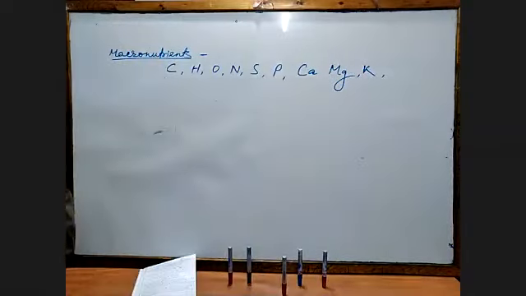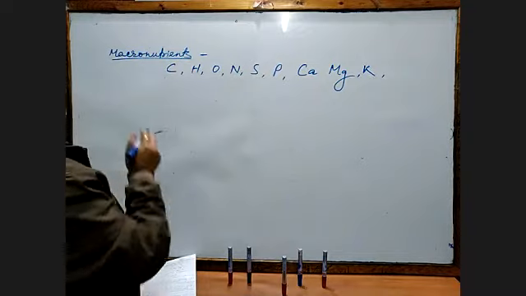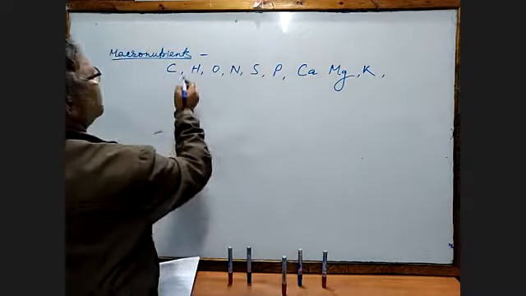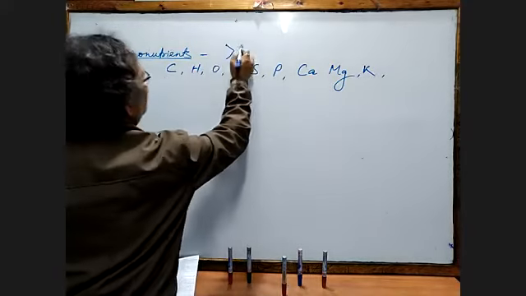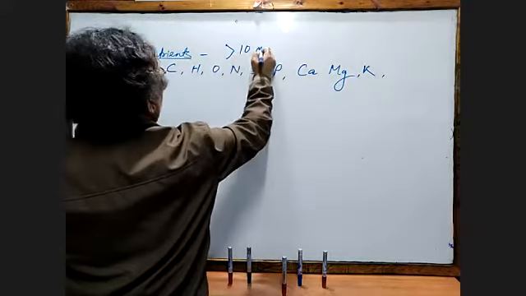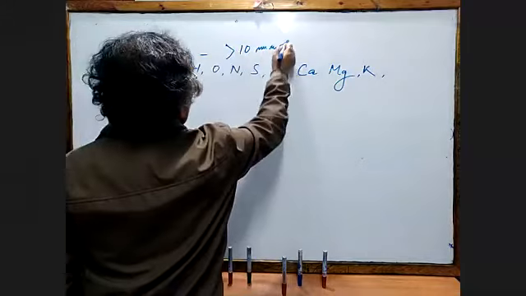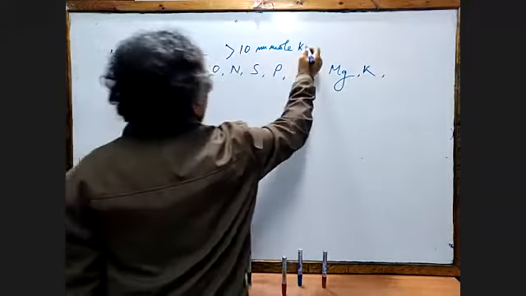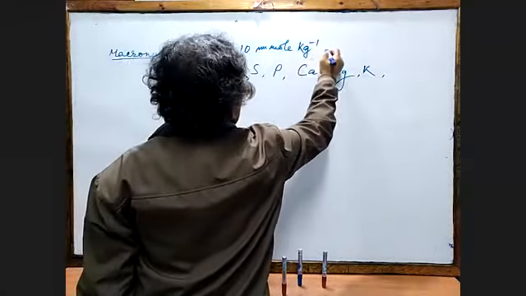Okay, these are the macro elements and their presence is greater than 10 millimole per kg dry weight.